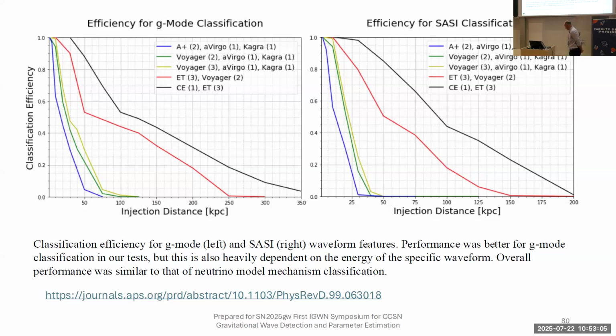Yeah, I think the problem here is mostly that, at least in the analysis when we do analysis of LIGO data, we consider such a wide range of supernova signals.